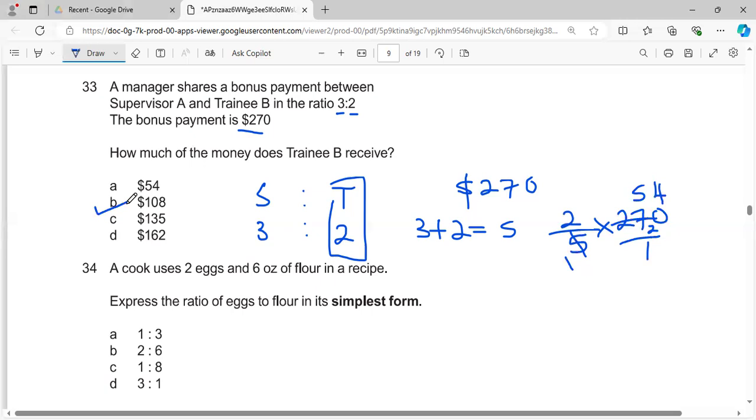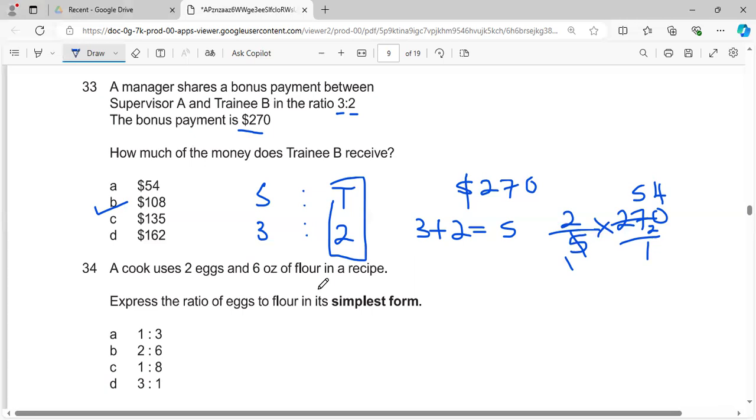But because trainee B got 2 shares, right? If they had asked us for supervisor A, that means we'd have multiplied the 3 by 54 to give us 162, because 3 times 4 is 12, carry the 1, 3 times 5 is 15 and 1 is 16. So this is actually the other person's share.